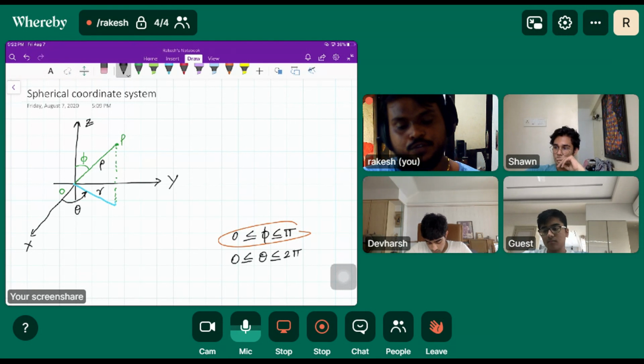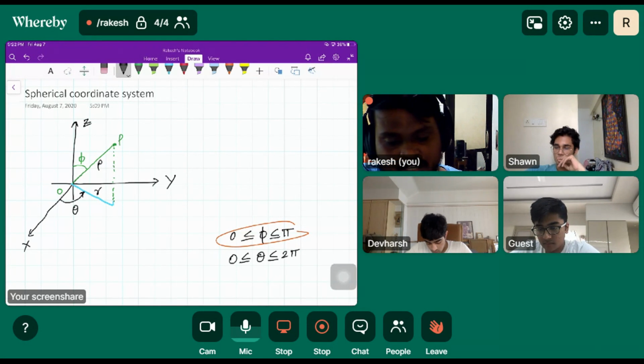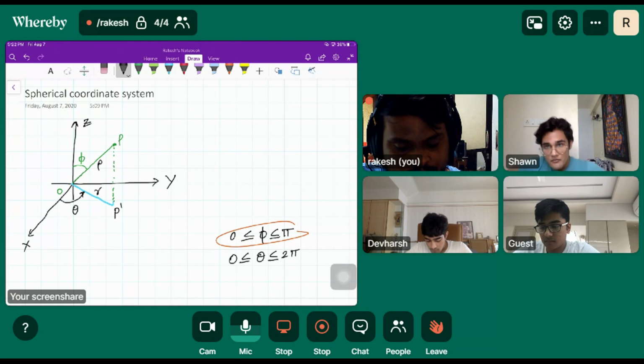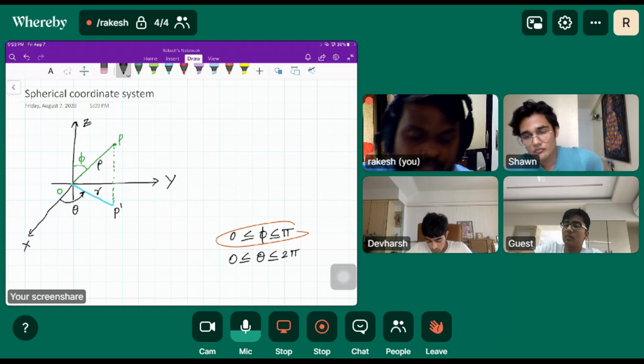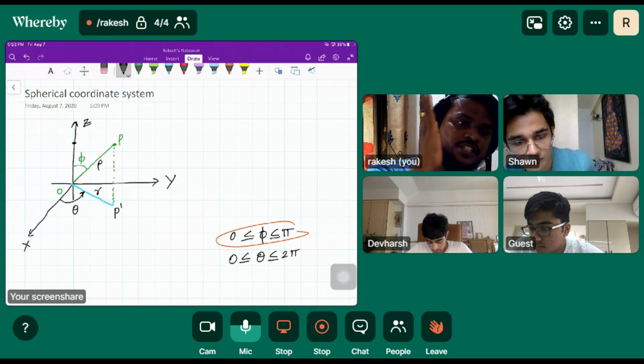So what would be the length of OP? It is rho here. Let me write this as P prime. What is the projection of OP on the Z axis?